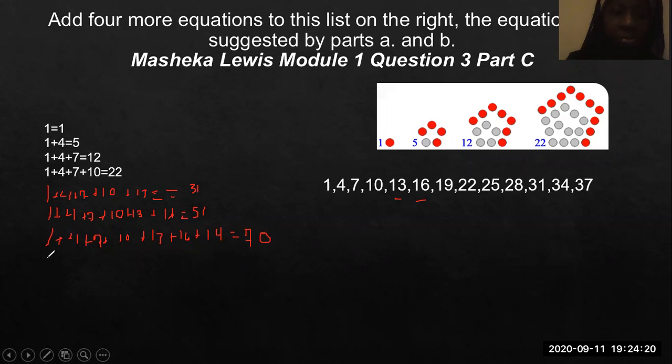Then our last equation to write is 1 plus 4 plus 7 plus 10 plus 13, 15, 19 plus 22, and this will equal 92.